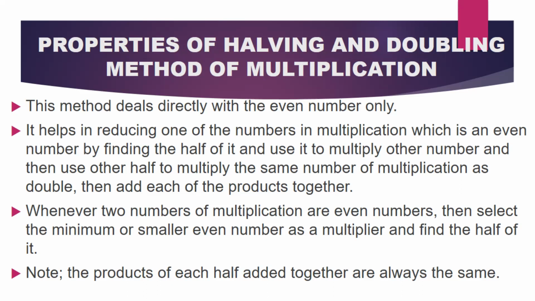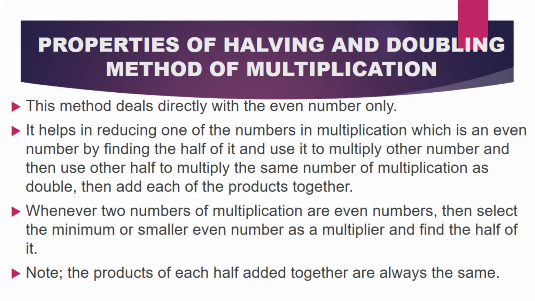Like what I said, this method only works whenever there's an even number in the multiplication. So assuming that we have a situation that involves two even numbers and we were asked to multiply them, then in order not to suffer too much, you have to choose the minimum even number or the smaller even number.